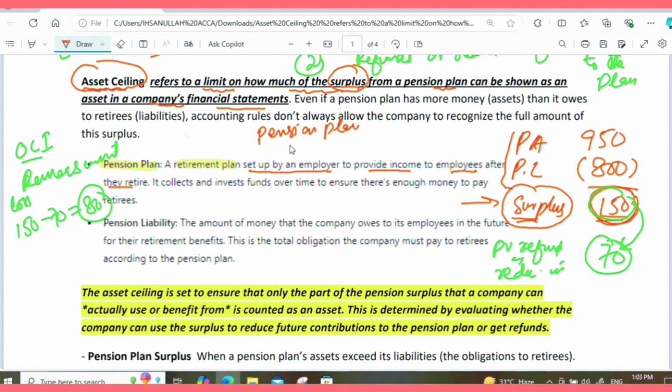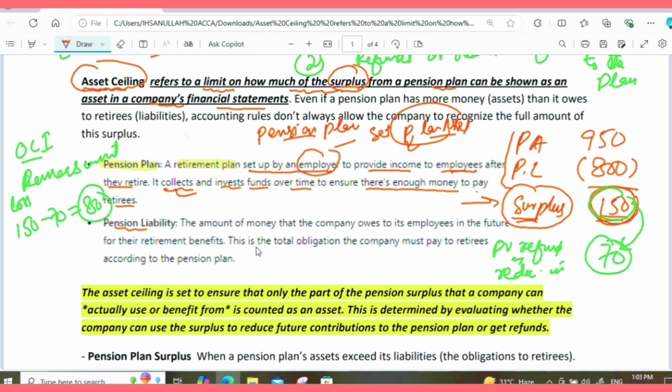The employer sets aside some amount that we call plan asset, and the employer contributes to this. Once the employee retires, the employer pays from this plan asset to that particular employee. Clear? It collects and invests.